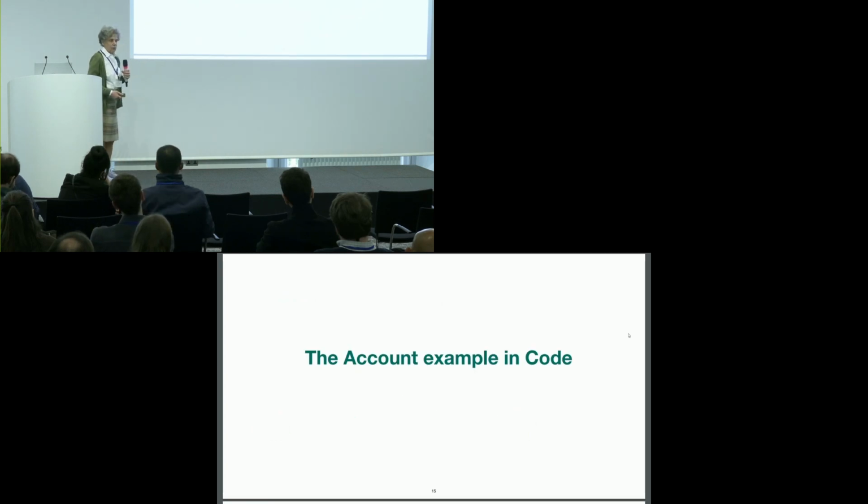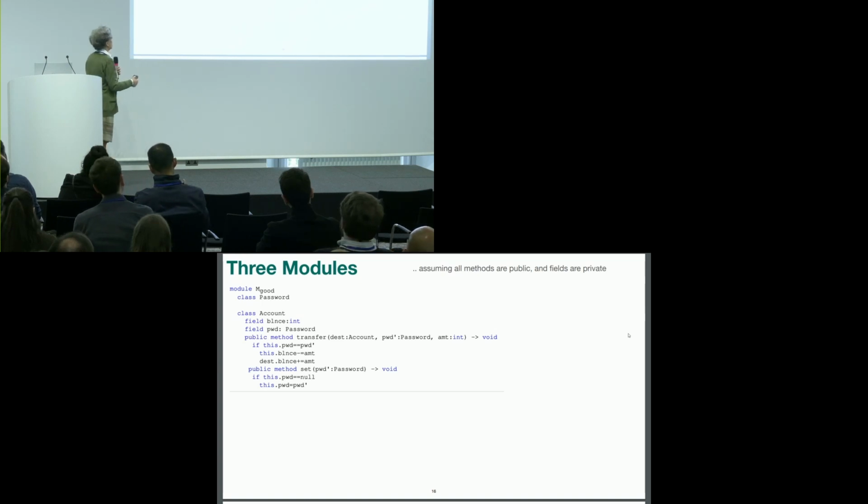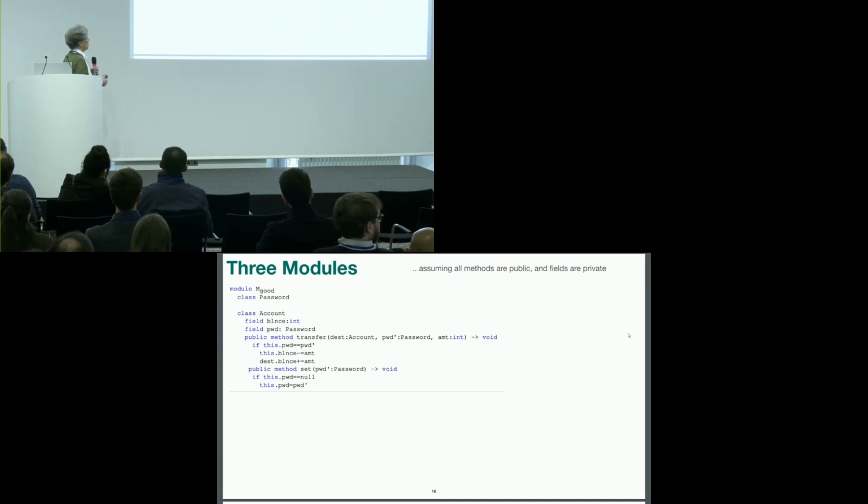So I'm going to revisit the example now in code. And here is a first version of a very simple module where I have got passwords in the accounts and the method that transfers money and first checks that the password given is the correct password, and the method that allows me to set the password if the password was null.